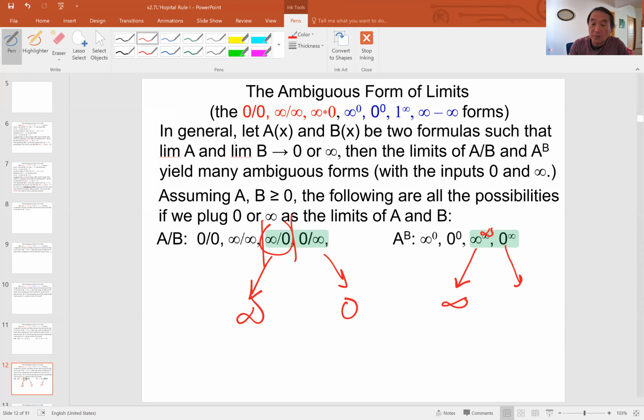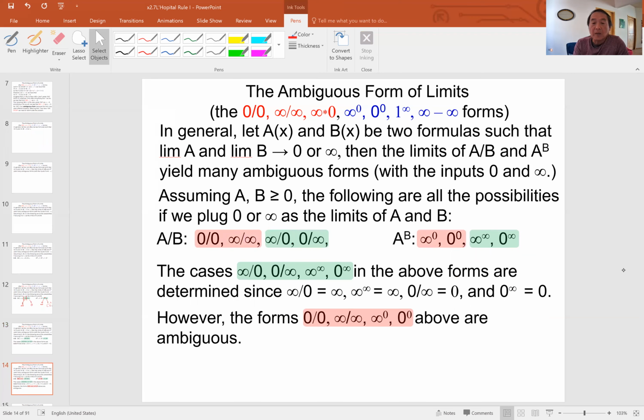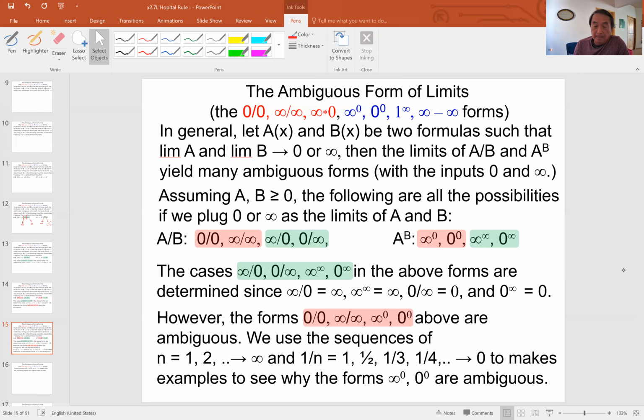And similarly, if a number gets smaller and smaller and I raise it to a higher power, like 1/2 squared, 1/3 cubed, 1/4 to the fourth, these things of course go to 0. So these 4 forms are not ambiguous. The remaining 4 forms are ambiguous.